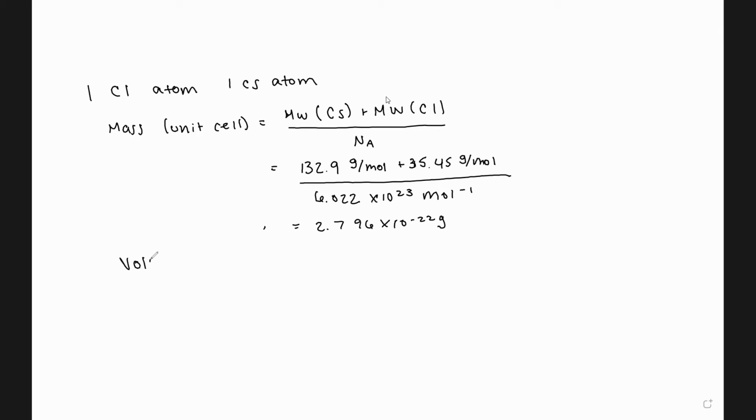So our volume is going to equal the mass of the unit cell divided by the volume. Oops, sorry, this is the wrong equation. The volume of our unit cell is going to equal the unit cell length cubed.